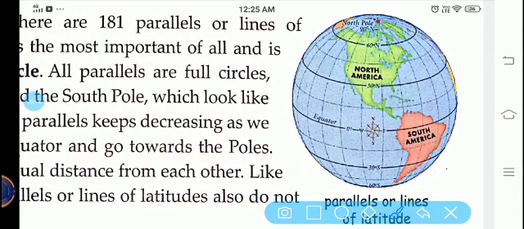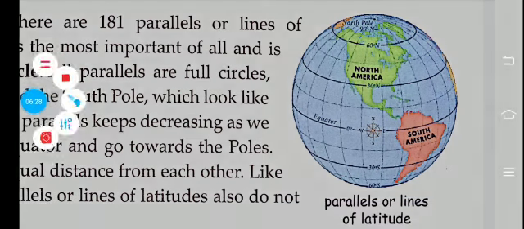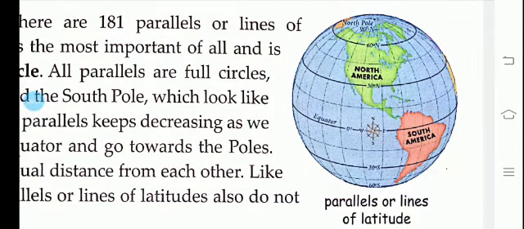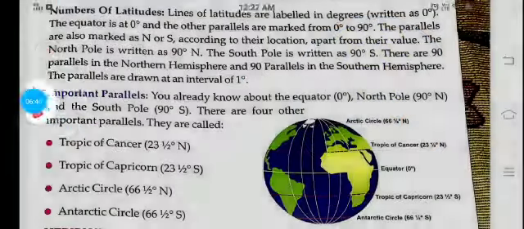This is the North Pole, and the same with the South Pole, which also looks like a point. The length of the parallels keeps on decreasing as they go towards the poles, but they are at equal distance from each other, and they never meet.